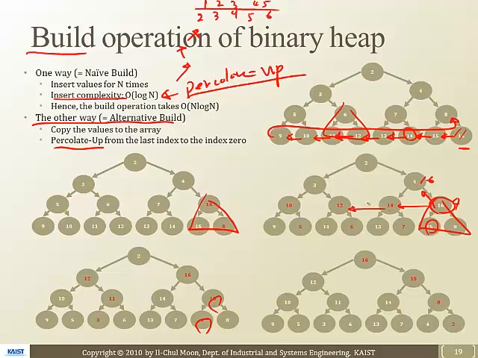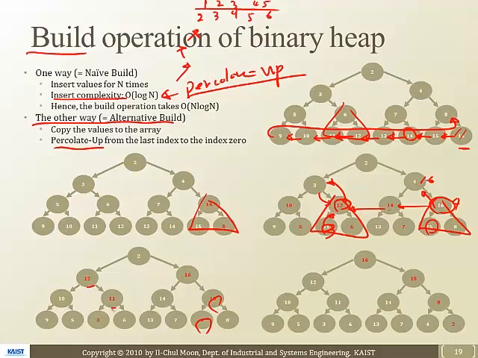And then moving to the 12 and 3, 12 needs to go up and 3 goes down. But that also breaks the heap property of this triangle. So it takes the bigger child to percolate down further. So 3 is going to be here and 11 is going upward.